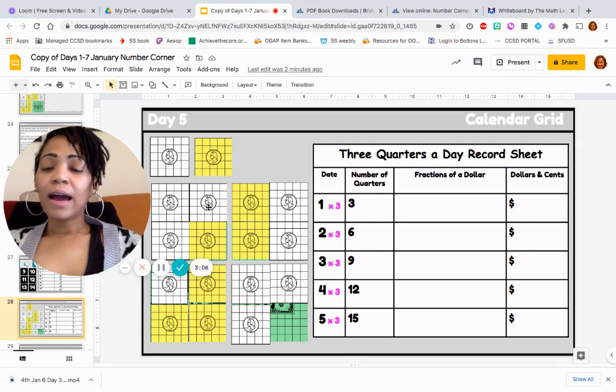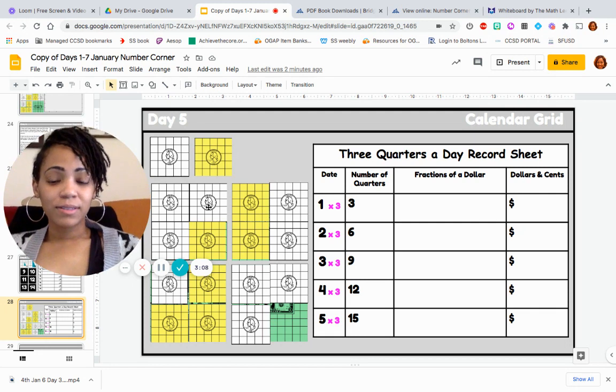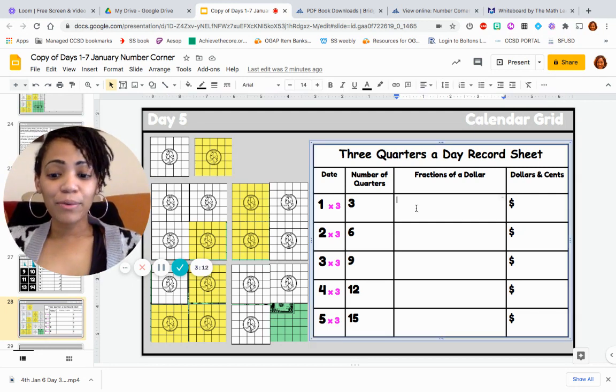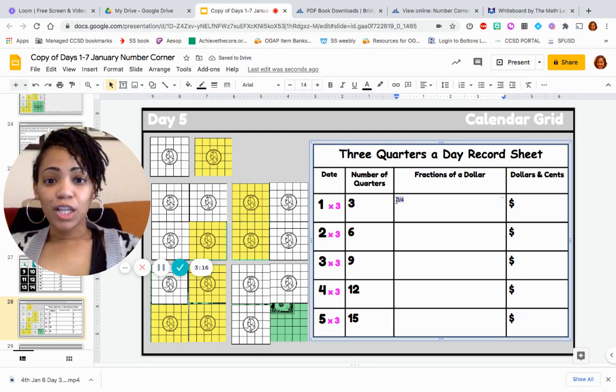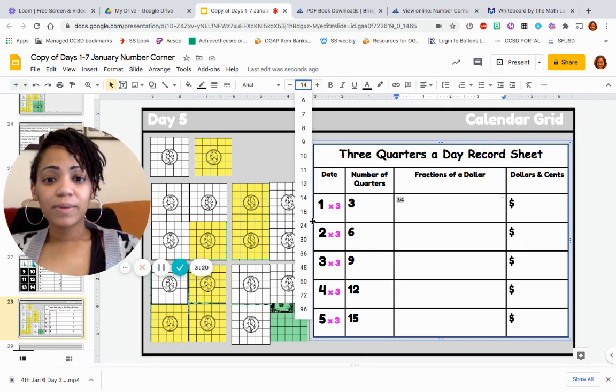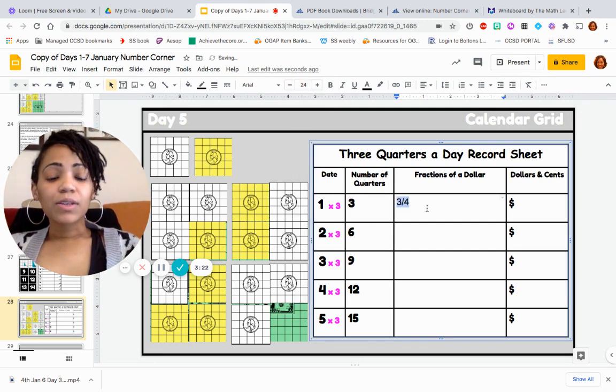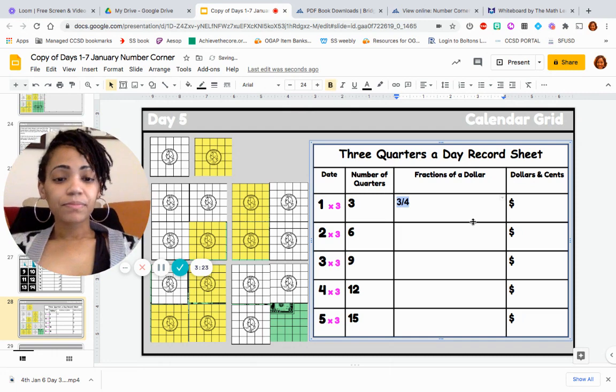So how would I write that as a fraction? Good, we have 3/4 of a dollar. That's a fraction of a dollar, and I'm going to make it really big so we can see it clearly. So 3/4 of a dollar.